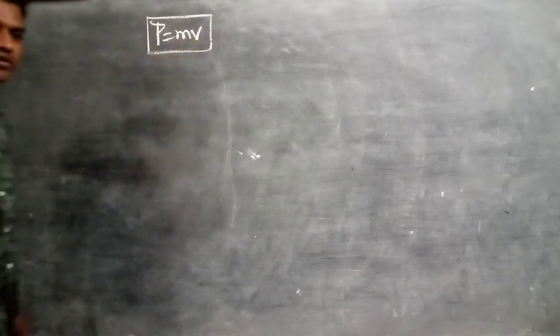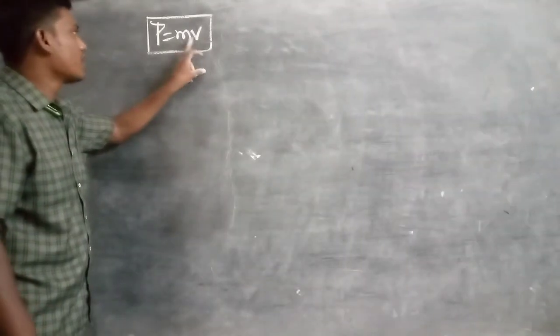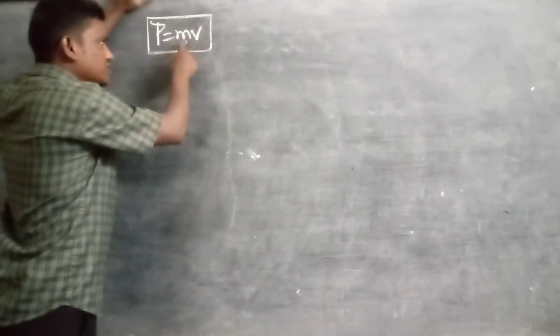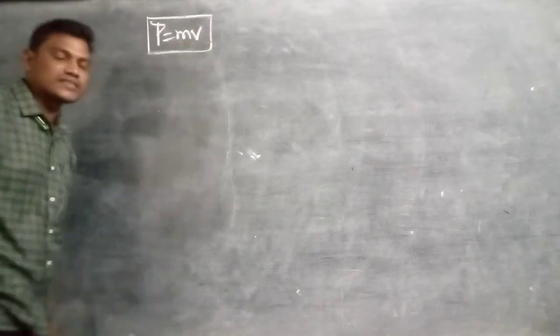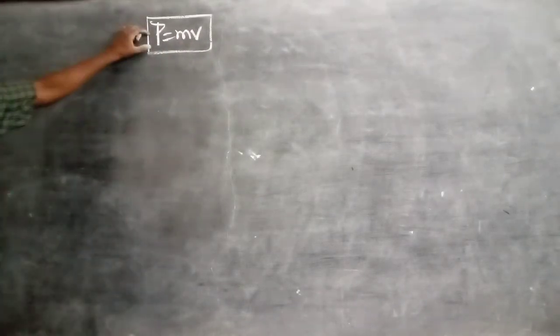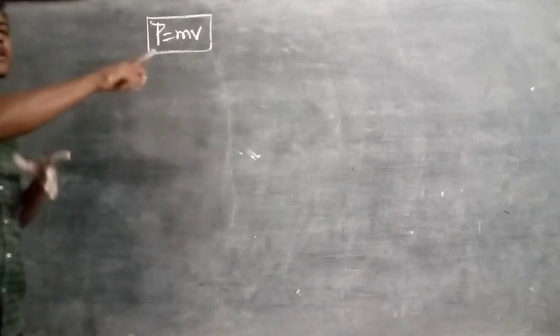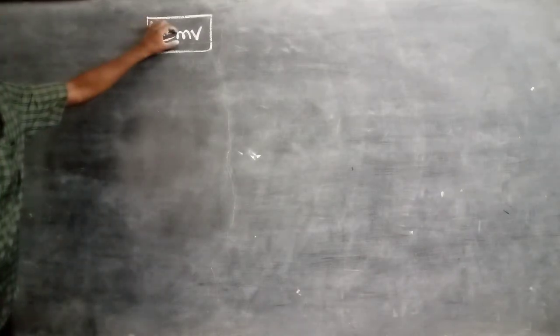According to the multiplication of vectors, the product of a scalar and a vector is a vector. m is the mass, which is a scalar, and velocity is a vector. The product of these two is a vector, since the body may move in a straight line path or at an angle. That's why momentum is a vector quantity.